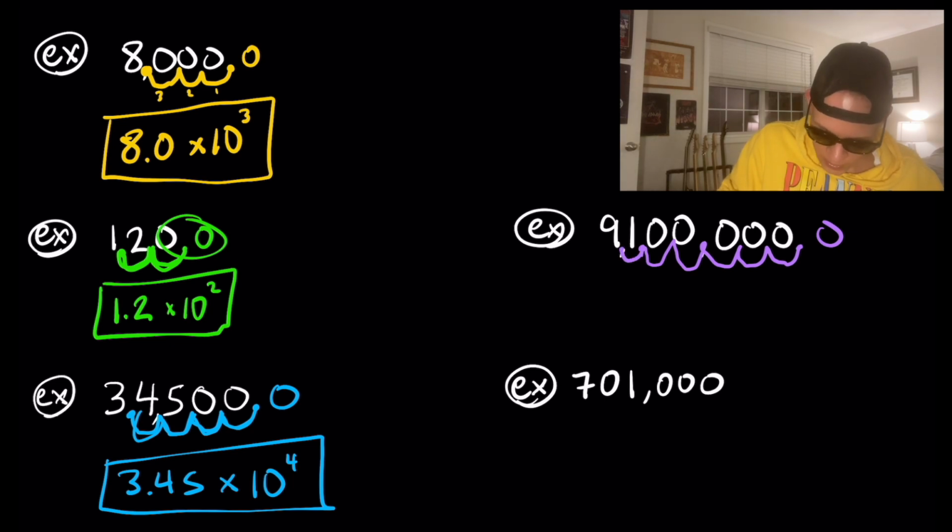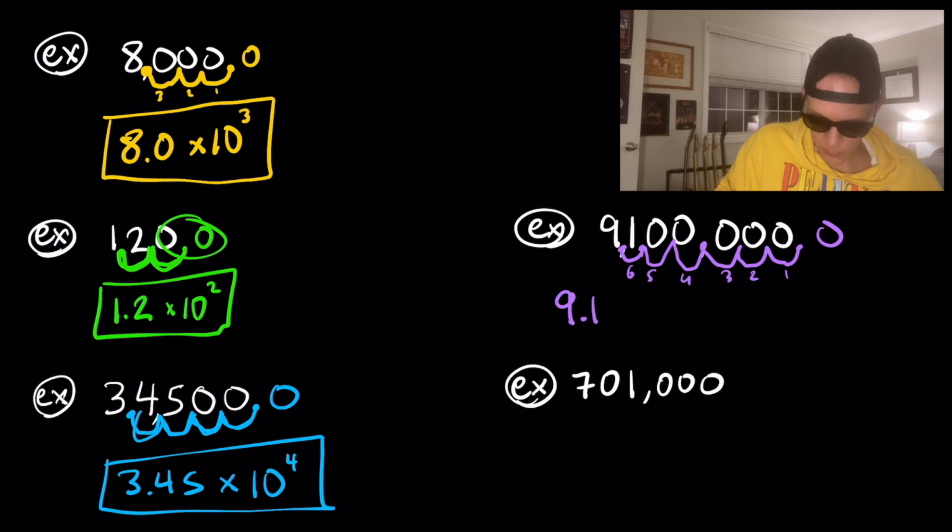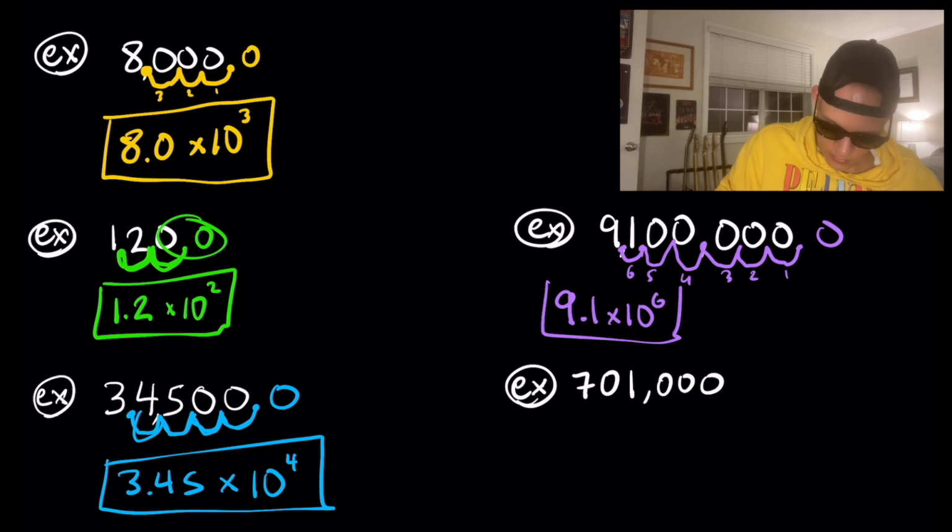Move it one more time, and I'll have 9.1000000. So our scientific notation of this number will be 9.1. And I moved the decimal 1, 2, 3, 4, 5, 6 times. So 9.1 times 10 to the 6th power.